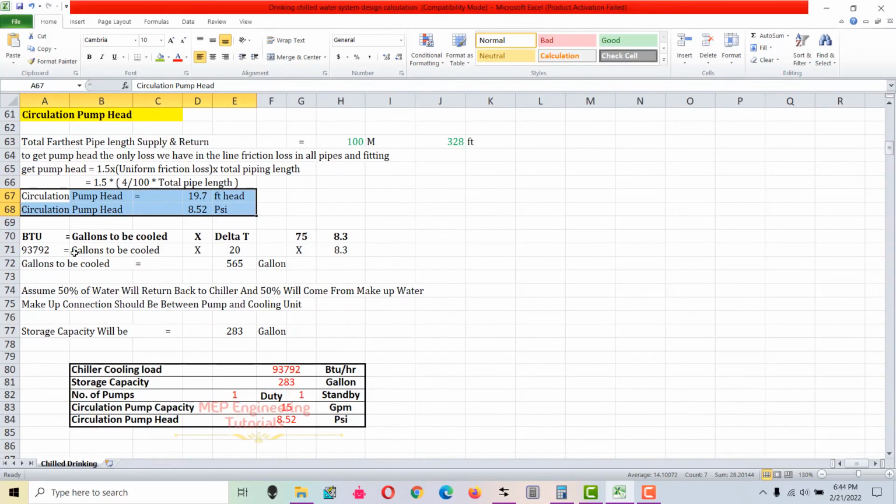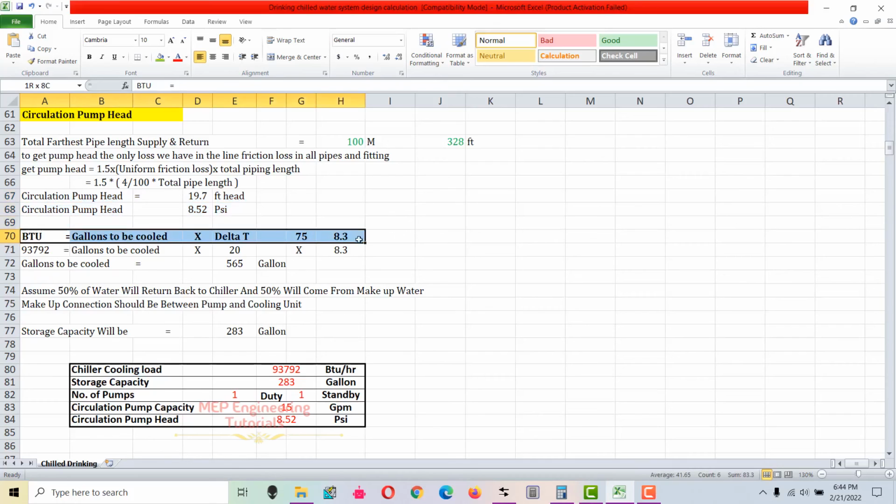Now the one last thing you have to calculate here is the gallons to be cooled. That means storage capacity we have to calculate now. So in order to calculate the storage capacity, first thing I have to do here is use this formula: BTU is equal to gallons to be cooled into delta T into 8.3.